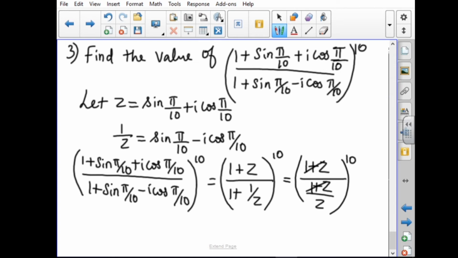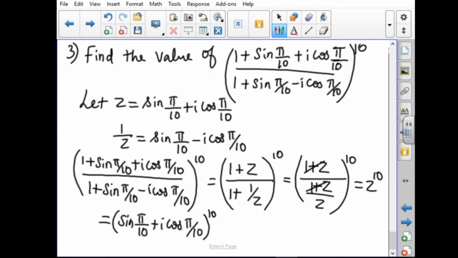So Z will be in the numerator, and your answer will be Z to the power 10. So now what is Z? Sin pi by 10 plus i cos pi by 10. So we can write Z power 10 as (sin pi by 10 plus i cos pi by 10) whole to the power 10.